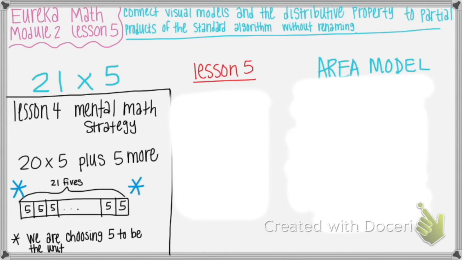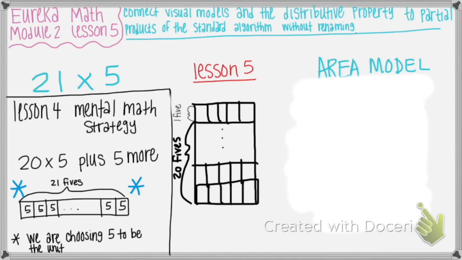Then we drew visual models to represent this. Well, these visual models are very similar to an area model. You know, if we counted the number of boxes, then we'd have the area of that space. Well, that is an area model.